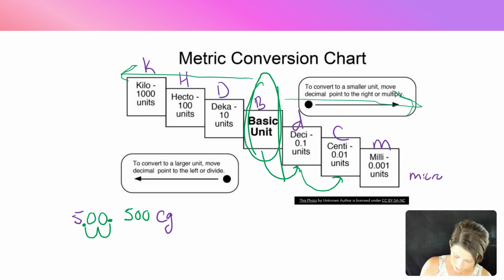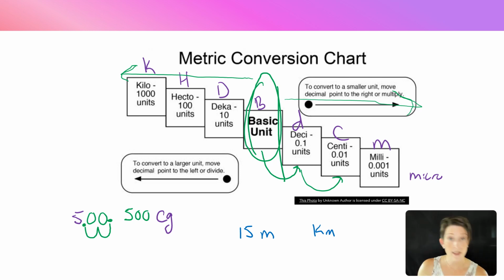If I have 15 meters, how many kilometers is that? First, put your decimal at that base unit where the ones place is occupied. Looking at our chart, we're going to go from our base unit up to kilo. 1, 2, 3.